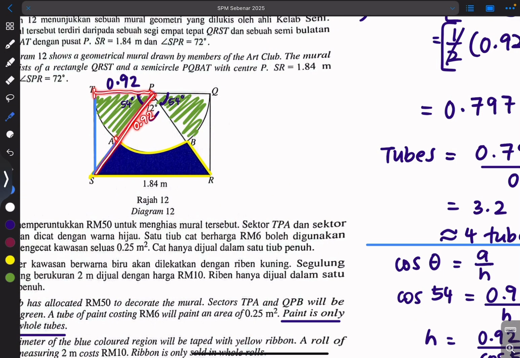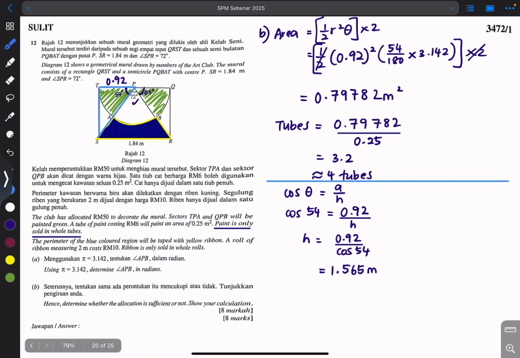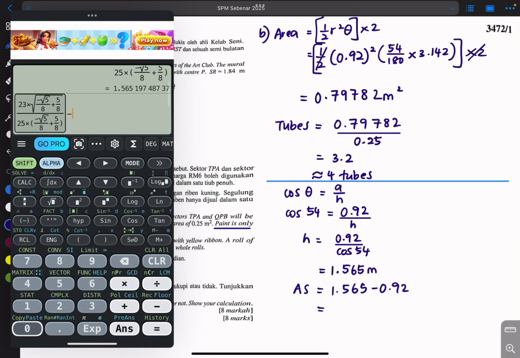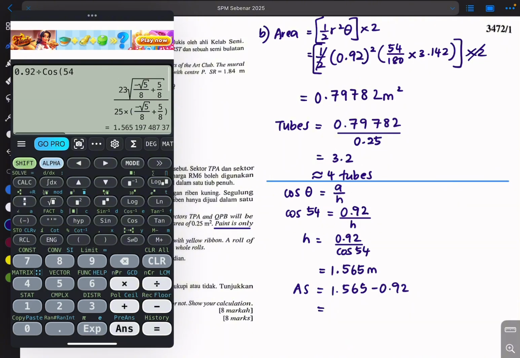So the whole hypotenuse minus the 0.92, we will be able to find this length. So AS is 1.565 minus 0.92. We get 0.645 meters.